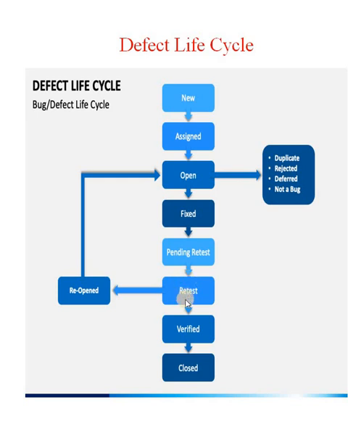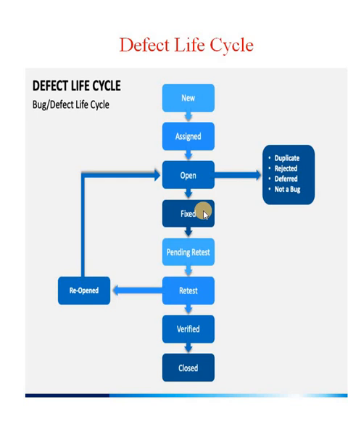And then the next stage arises, which is reopen, because if any issue persists in the defect after your developer fixes that defect and retesting is done, and only some points are fixed, or some issues persist in your defect, at that time this defect is assigned to the developer again, and the status of this defect changes from retest to reopen, because it is reassigned to your developer to fix the new issues seen in this defect.